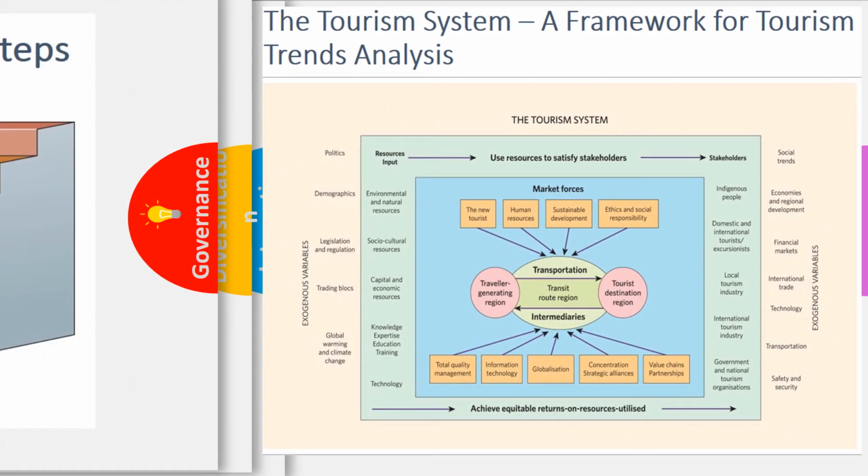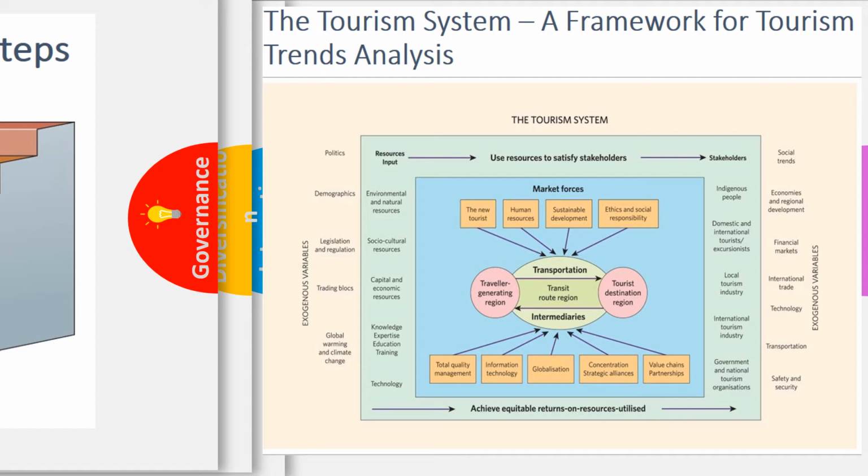So we need to understand the whole framework for the tourism and hospitality industry. We need to understand everything that's involved, taking into consideration environmental and social as well as the economic side of things.